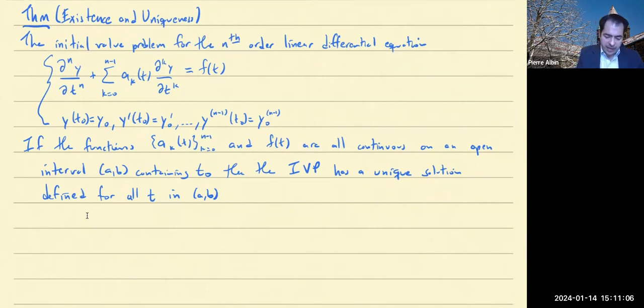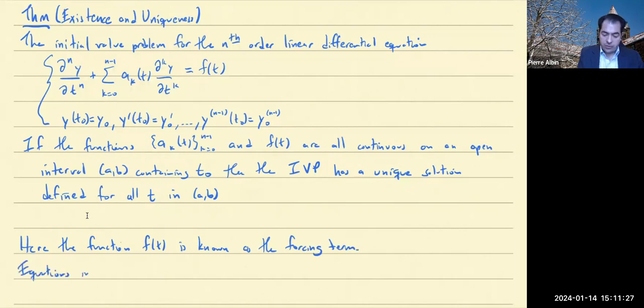Here the function f is known as the forcing term. Equations in which the forcing term is 0 are known as homogeneous.